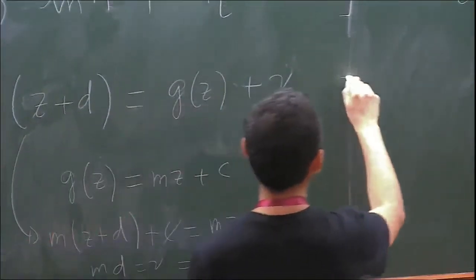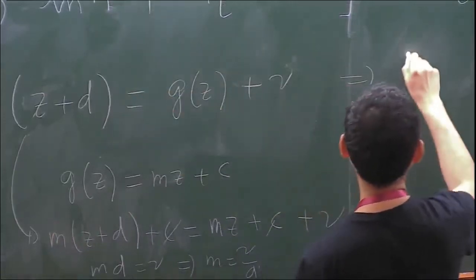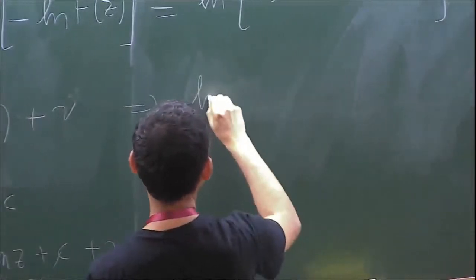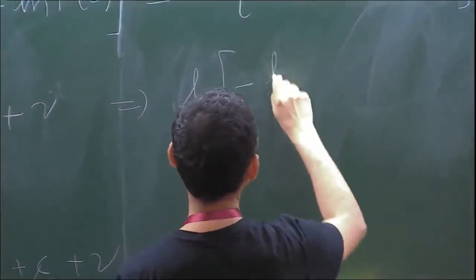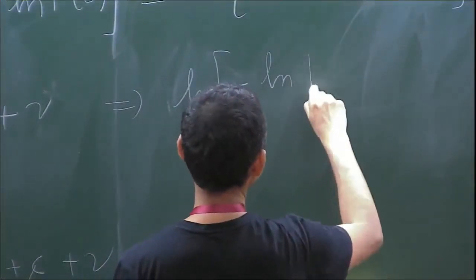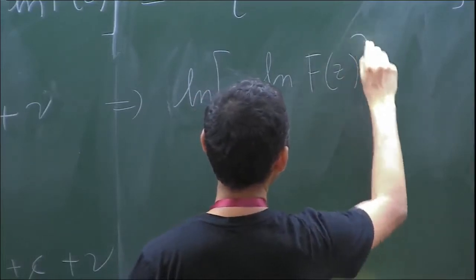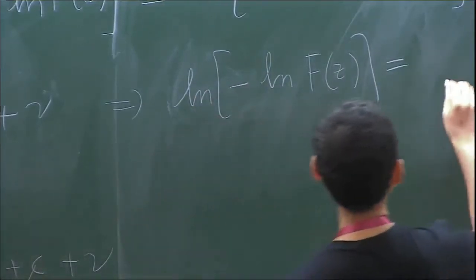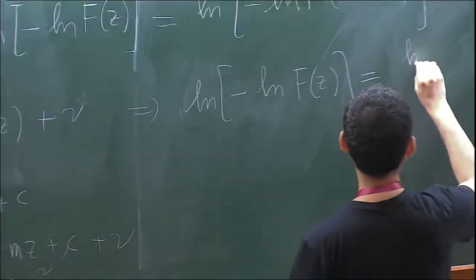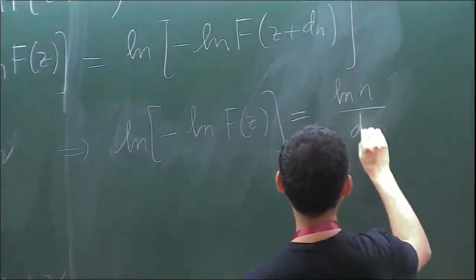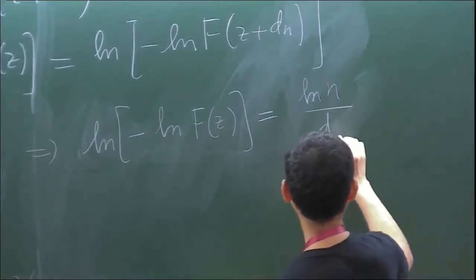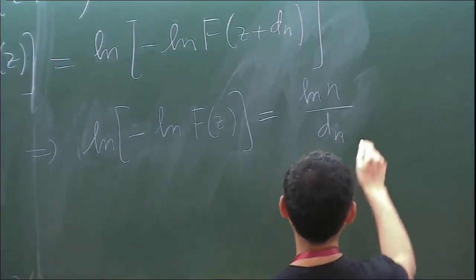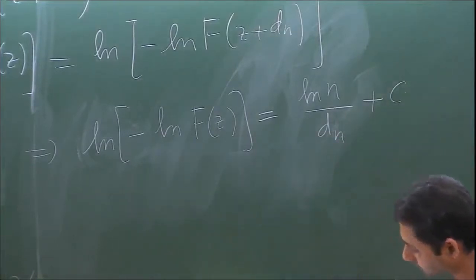So therefore this guy, g of z is just minus log of f of z, which is equal to nu by d times z. Nu is log n, by dn. Of course, you can still have this plus c.